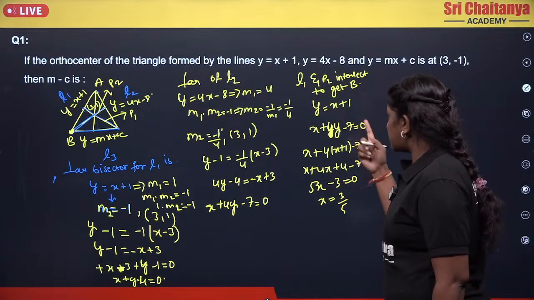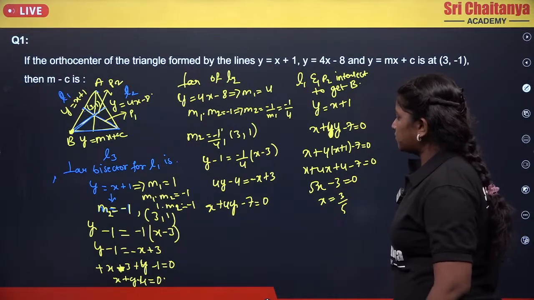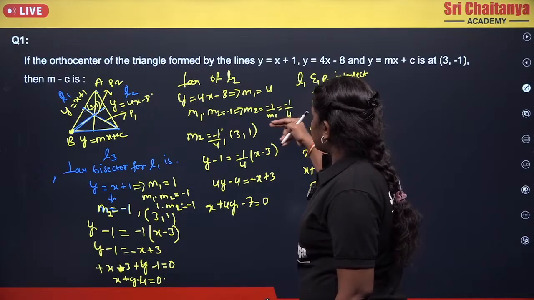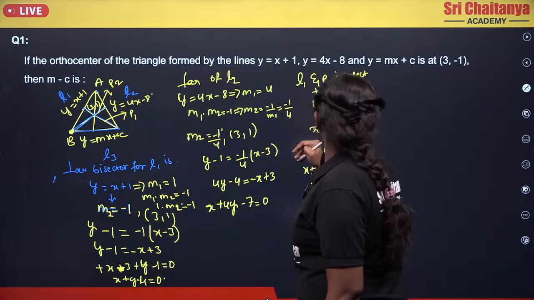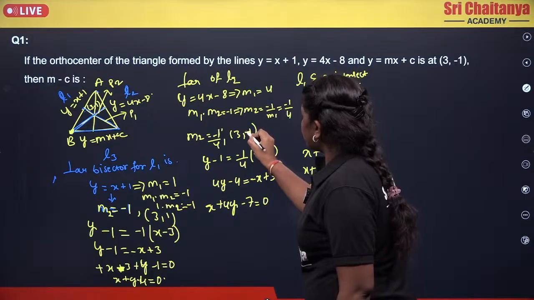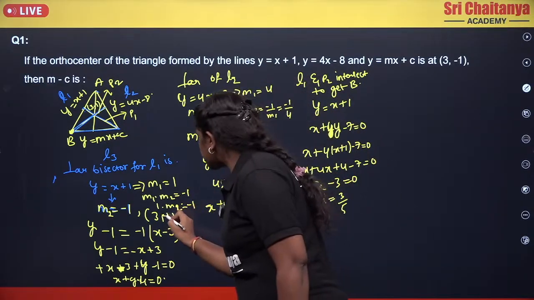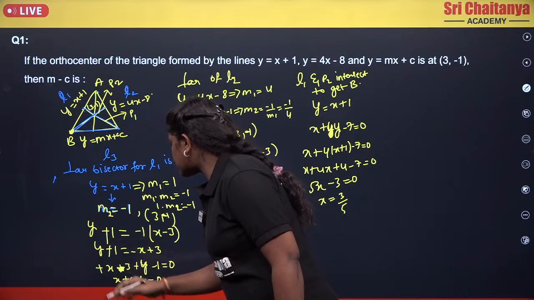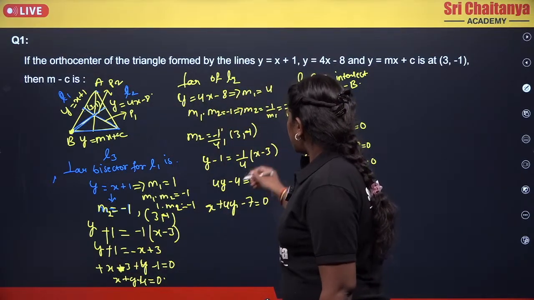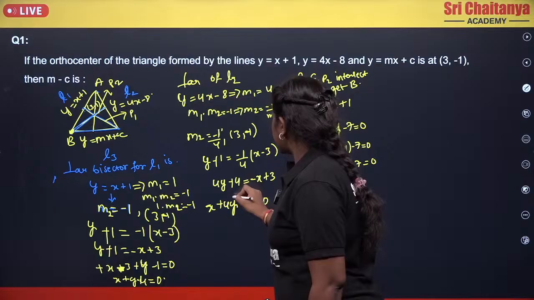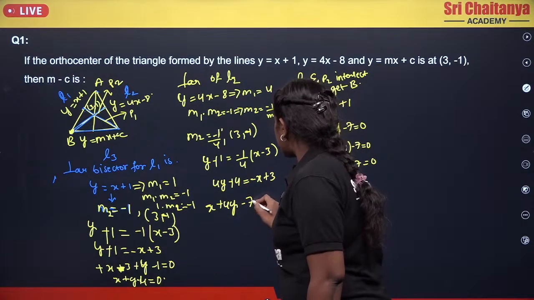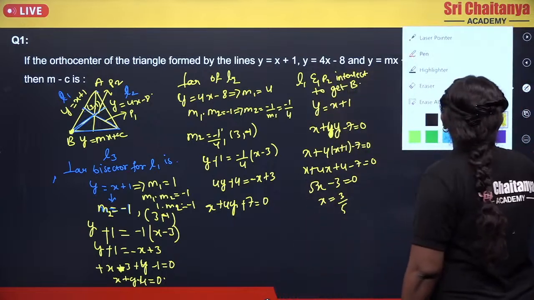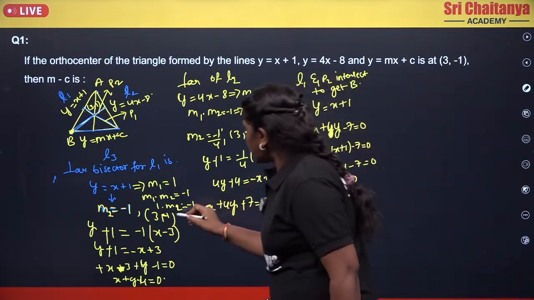So now take your x value and place it in your y value. Here it will become plus 1, and here also plus 1, and plus 4 minus 3, so that becomes plus 1. So here clearly the point is minus 1.